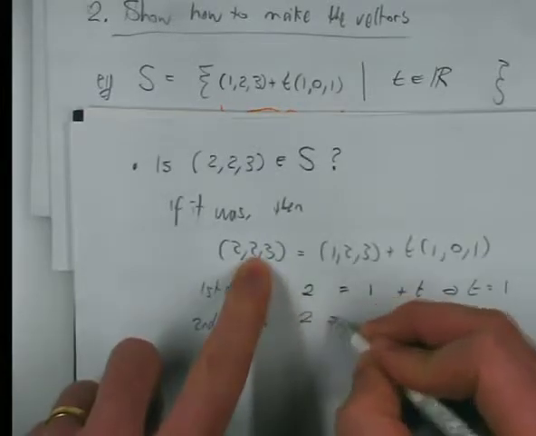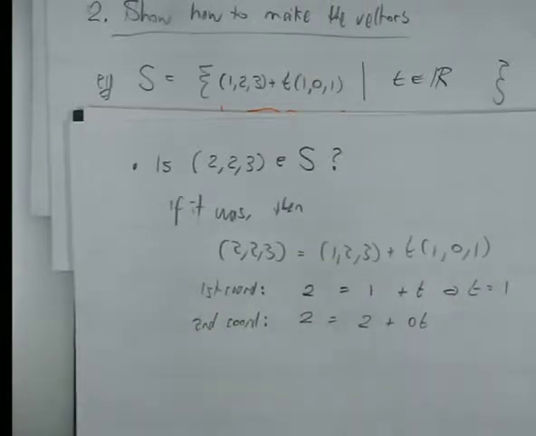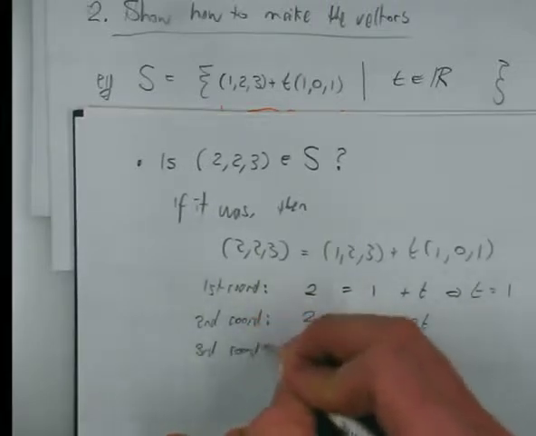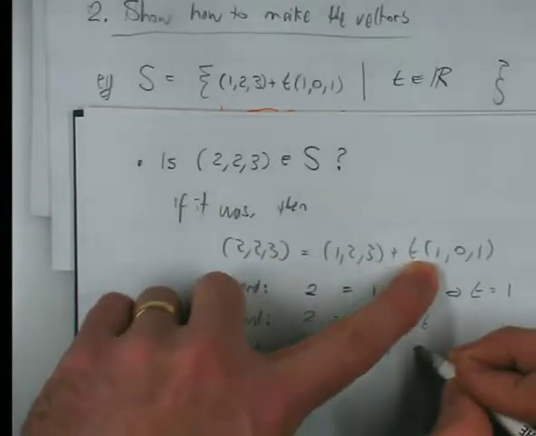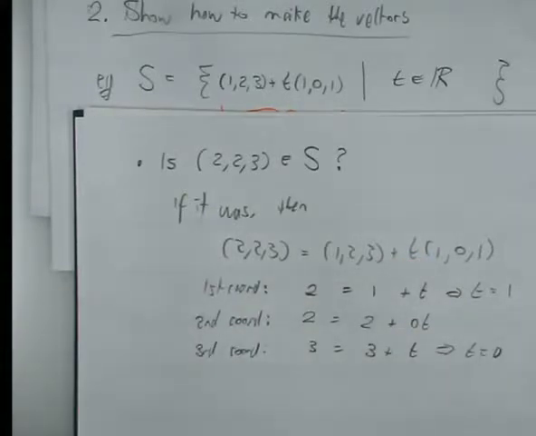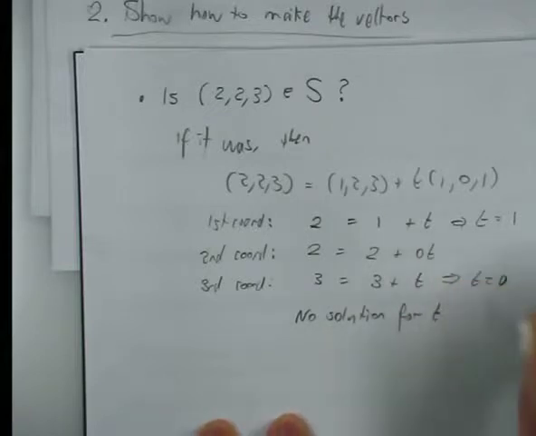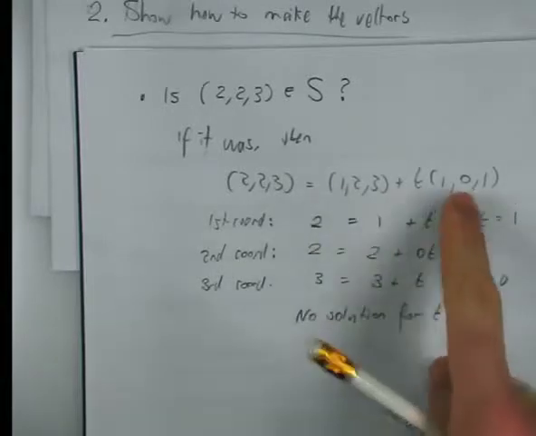The second coordinate would have to be 2 plus 0t, which doesn't tell me anything about t, so that's okay. That one's fine. And the third coordinate would have to be 3, which would be 3 plus 1t, which would mean that t would have to be 0, and it can't be both 0 and 1 simultaneously, so there's no solution. No solution for t, so therefore it can't be written this way, and therefore it's not in S.